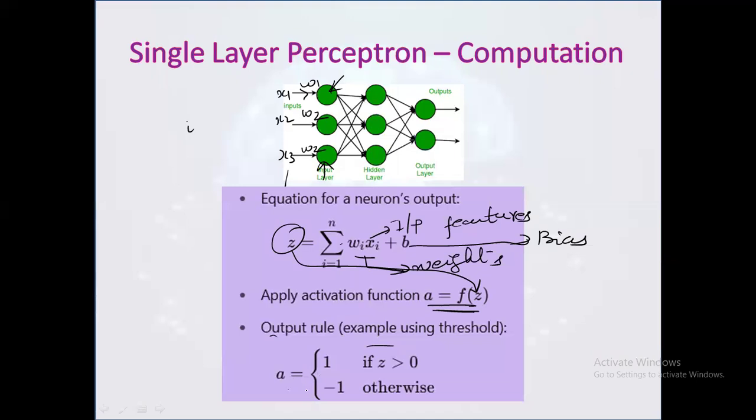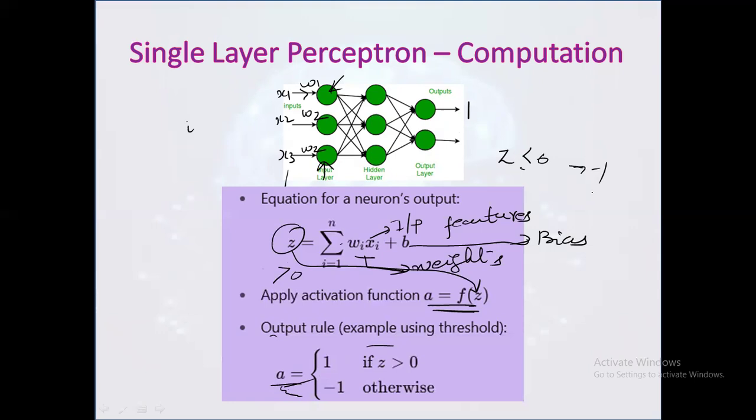For example, take a threshold function as the activation function. If the z value is greater than 0, the output value is 1. If z is less than or equal to 0, the output value is minus 1. In this way we have given the activation function.